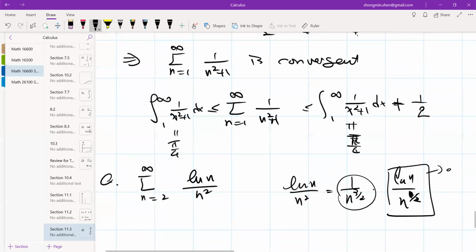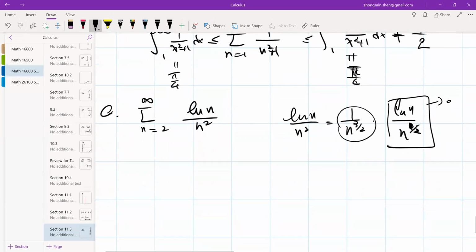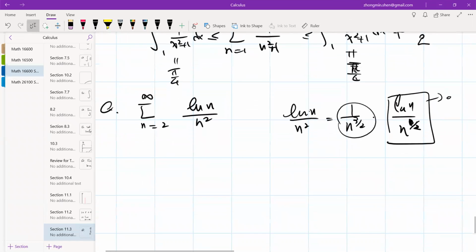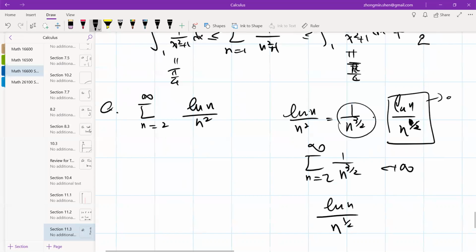But we're going to use the integral test to check this convergence. Okay, I know this is going to be convergent. If you make every term smaller, of course it's going to converge, right? And you know that natural log of n to the 1/2 is going to be smaller than 1, greater than 0 for larger n.